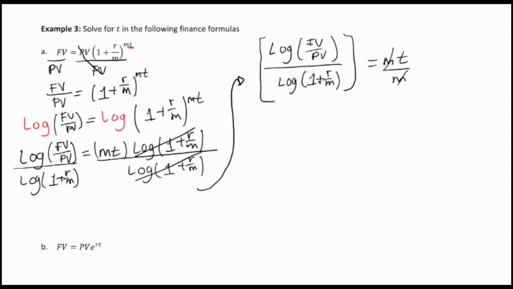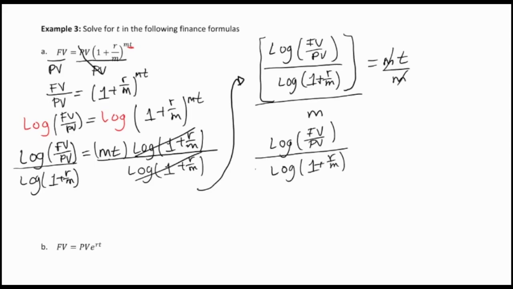So from here, I have log of FV over PV over the log of 1 plus r over m, all this divided by m, equals t. And that's going to be my final answer.